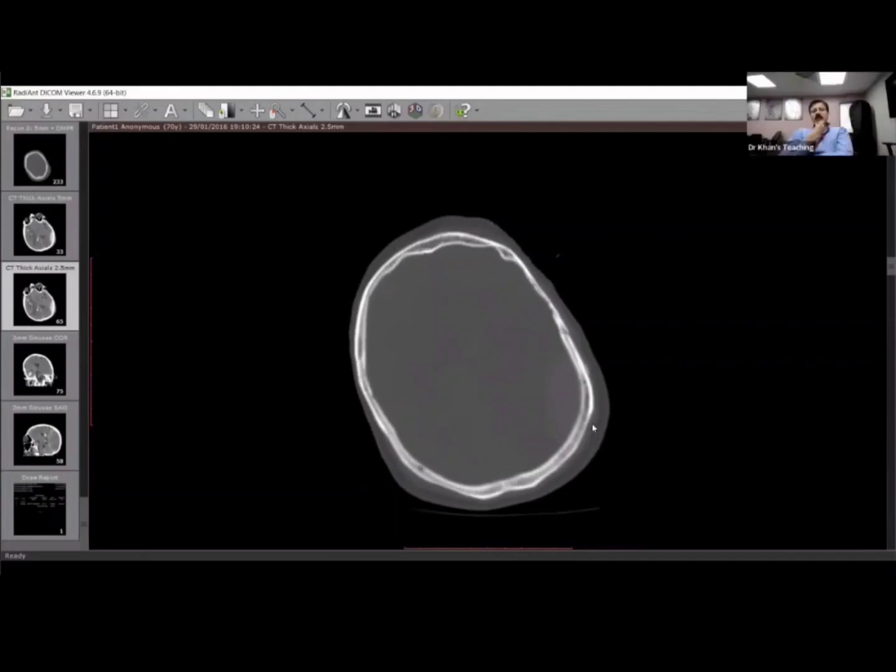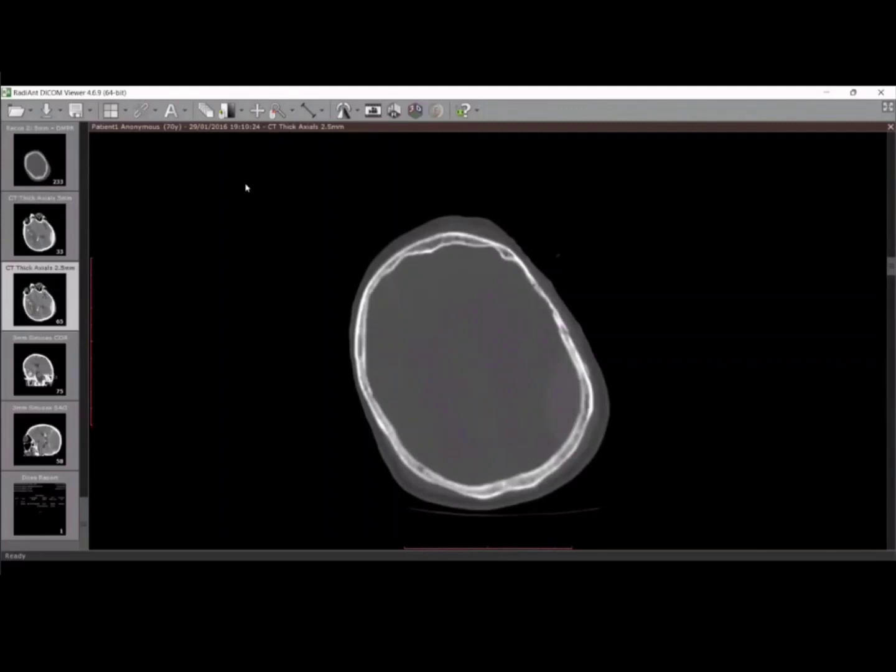So what is your conclusion? The conclusion is that this trauma patient has a lot of findings, which include a depressed skull fracture, which is very highly concerning. There is subarachnoid hemorrhage, there are hemorrhagic contusions, diffuse axonal injury, and a very large left temporal intraparenchymal hematoma.